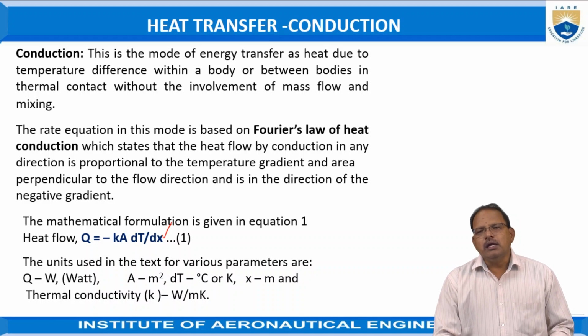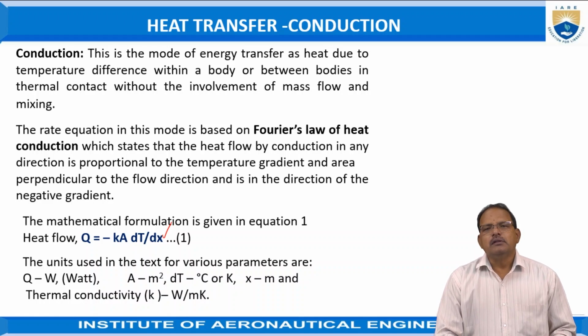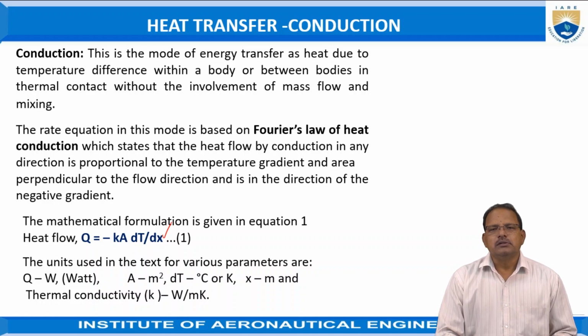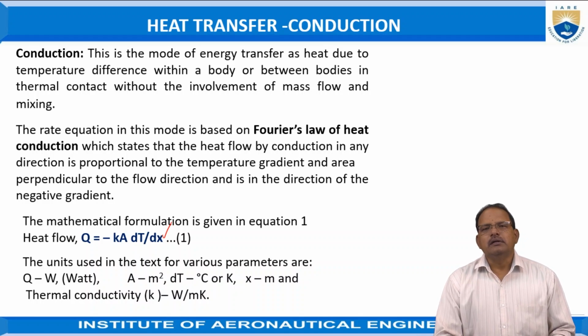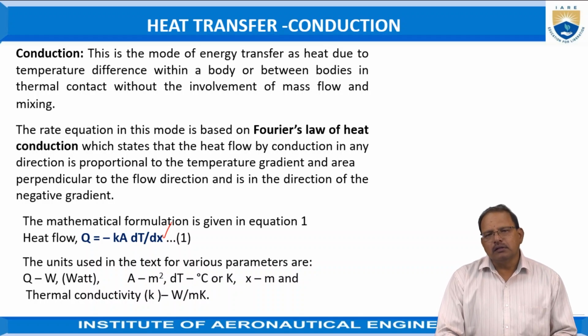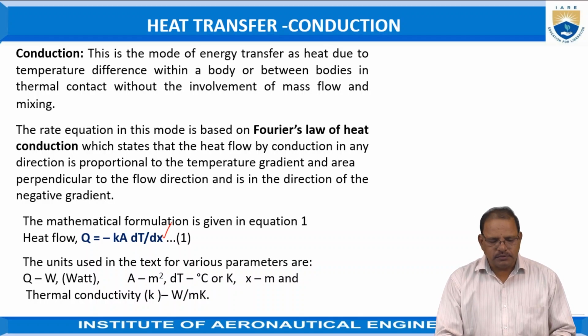A is representing the area of the cross section through which the energy flow is taking place. dT by dx is the temperature gradient. dT is representing the difference of temperature between the two regions, and dx is representing the thickness of the object or the length of the object.